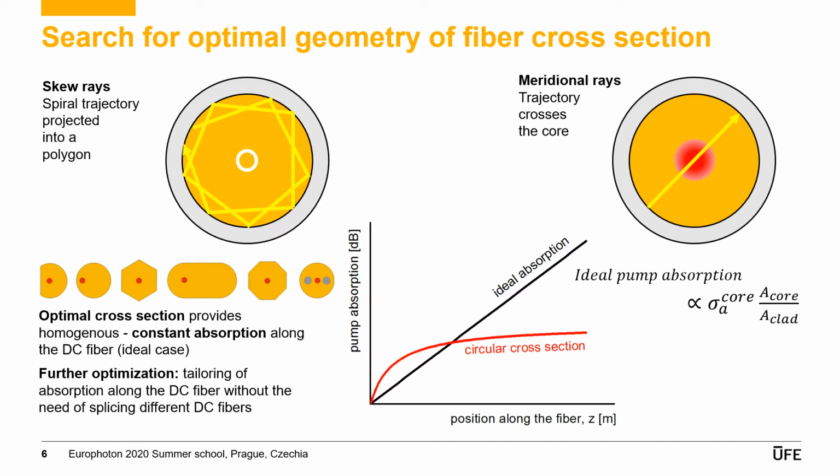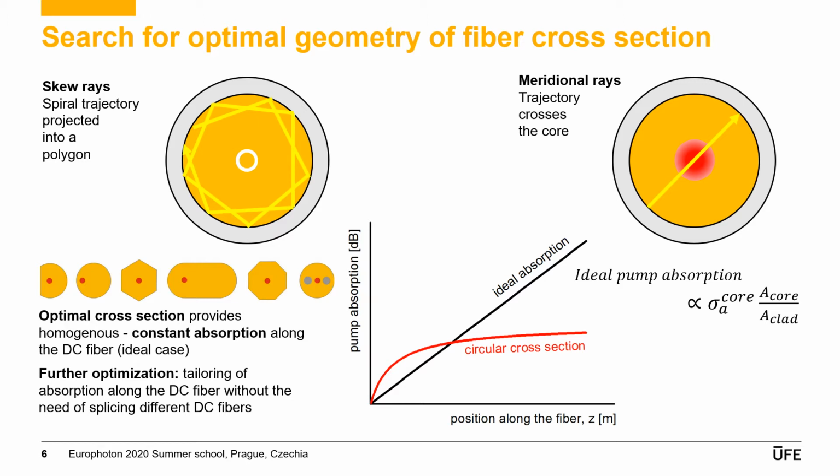So in the first optimization step, we look for an optimal cross-section that provides homogeneous, that means constant, absorption along the double-clad fiber. In fact, it would be nice to have different absorption at different places along the fiber. For example, at the beginning of the fiber where the pump is launched, we would like to have low absorption in order to minimize the heat load of the fiber at this place.